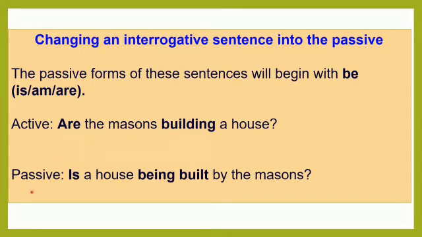So in passive voice, we will write, is a house being built by the masons? Here we have written is because our object in the active voice is singular. So that's why we have written is, because a house is a single house. So that's why we have used our singular verb according to the subject-verb agreement.